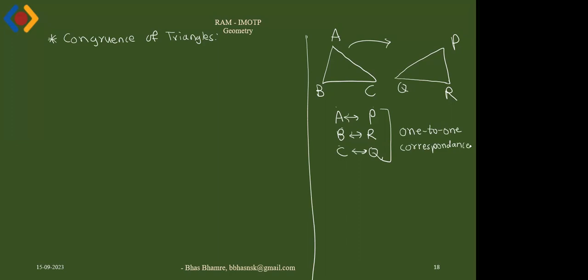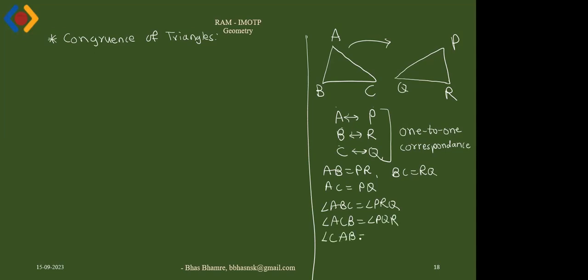And if I say that side AB is PR, side BC is RQ, and side AC is PQ. Moreover, angle ABC is angle PRQ, angle ACB is equal to angle PQR, and angle CAB is equal to angle QPR. If these whole six things are correct, then we say that those triangles are superimposing each other.